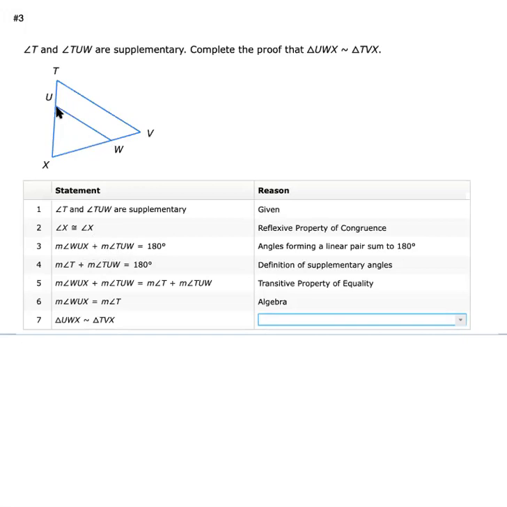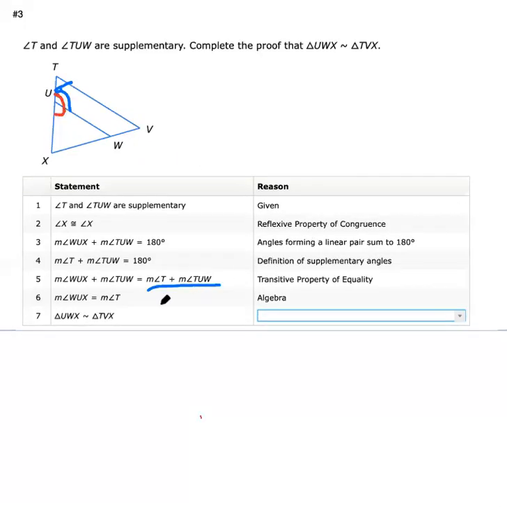WUX right there, plus TUW, these two right here are going to add up to 180 degrees because angles forming a linear pair sum to 180 degrees. Okay, so angle T plus TUW, these two right there, are going to be 180 degrees. That's the definition of a supplementary angle.